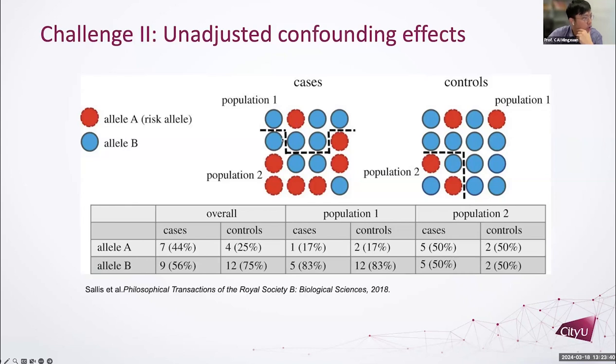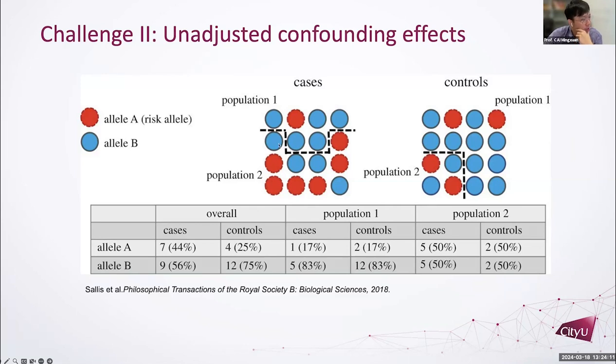If we do not observe the subpopulations indicated here and just look at the overall population, and then try to figure out the distribution of allele A and allele B in cases and controls and compute the odds ratio, that will be 7 multiplied by 12 divided by 4 multiplied by 9. This value is 2.3 something, which indicates a major effect of allele A.